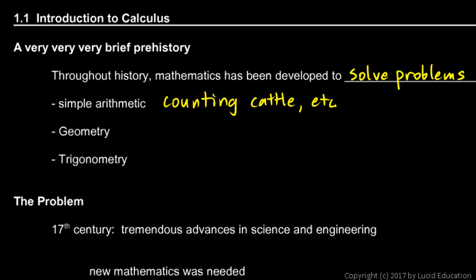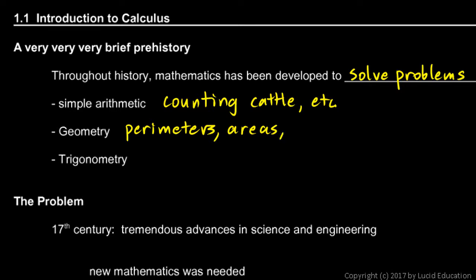Geometry also is very useful for solving problems. Being able to calculate things like perimeters and areas. These things were useful, for example, for land measurement. If you wanted to buy or sell a piece of property, it would help to know the area. Or also useful for agricultural reasons or tax purposes, being able to know the area around a field, for example.